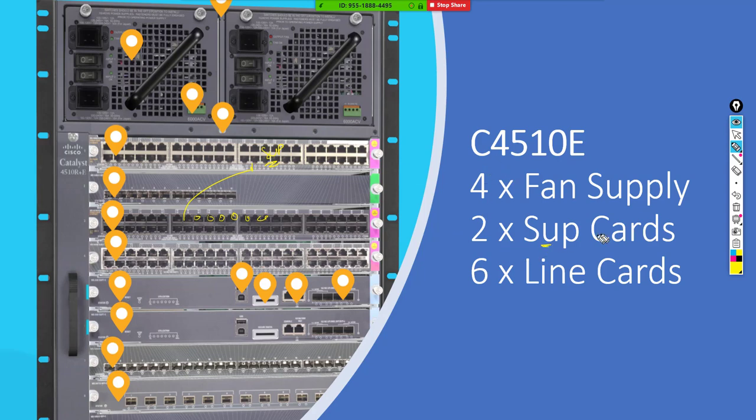We'll talk about this sup engine, don't worry. And the line cards. What are line cards? Line cards are your switchboards. In our previous case, I only had one line card or one set of switchboard. Over here we will see multiple of them. It is supporting 6 line cards. Even if one goes faulty, we can remove it and plug in another. So that's an advantage of these devices.